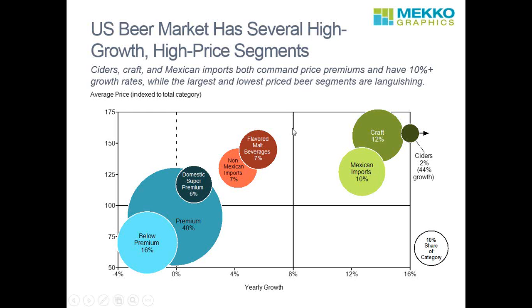Typically, in a bubble chart, I will add these quadrant lines, because typically you want to split your bubble chart into quadrants and analyze them by quadrant.